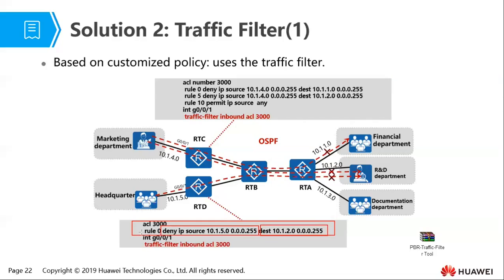Then you have to go to the particular interface that is connecting the headquarters to that network and do traffic-filter inbound ACL 3000. So any packets coming into G0/0/1 have to be evaluated using this particular ACL. So that is how traffic filters work.